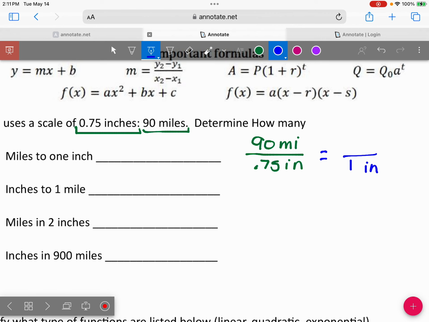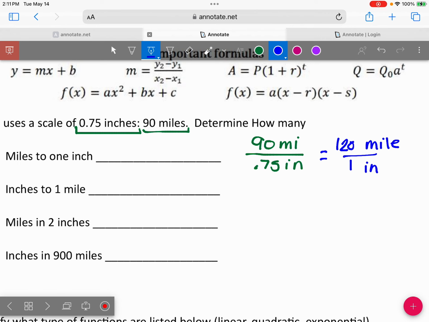So if we do 90 divided by 0.75, how many miles are represented by 1 inch? What is 90 divided by 0.75? 120. So it's 120.